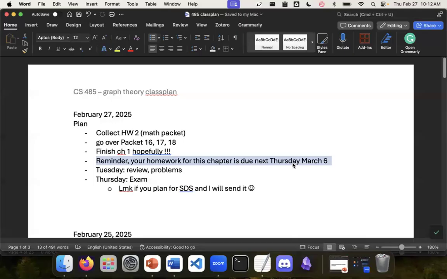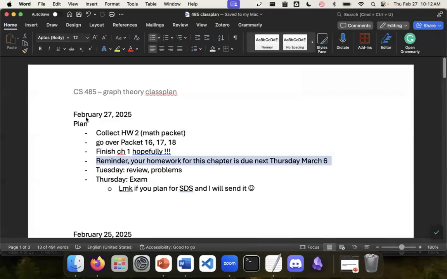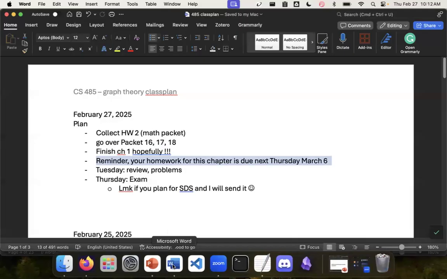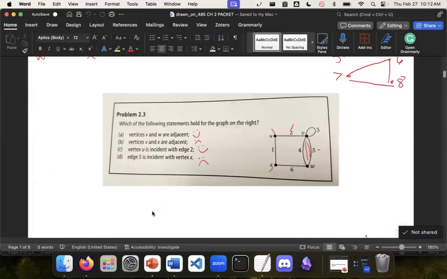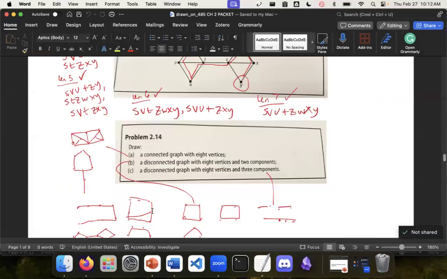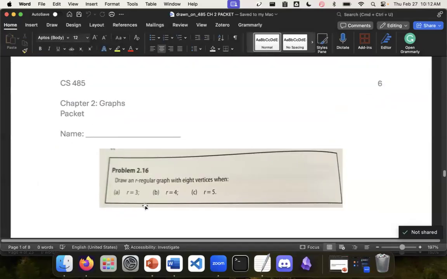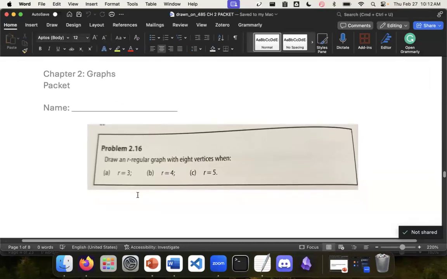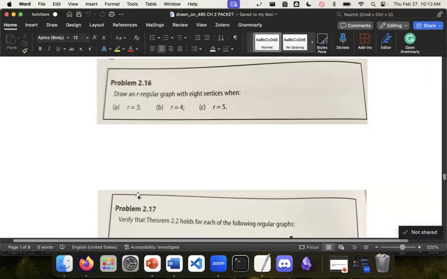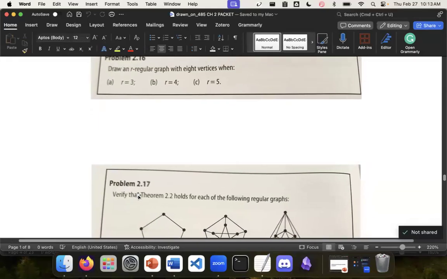Okay, so let's start off with at least packet numbers 16 and 17. There's 2 halves, but there's 3 problems for number 16.